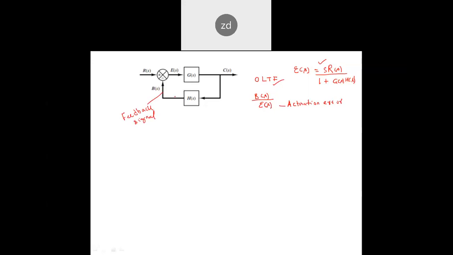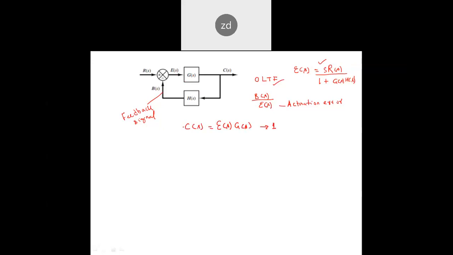Now, if you look at this block diagram closely, you can clearly see that C of S is equal to, these two blocks get multiplied, E of S into G of S. So let this be our equation 1.